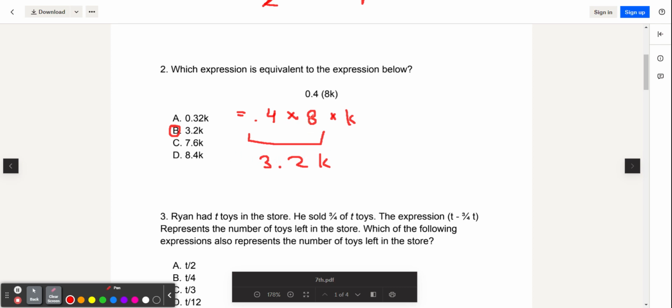If you are unfamiliar with multiplying by decimals, it is just the same as multiplying by whole numbers with one added step after. 4 times 8 is 32, and this extra step now comes in. Note that there's one decimal point, right? And there's one digit after the decimal point.